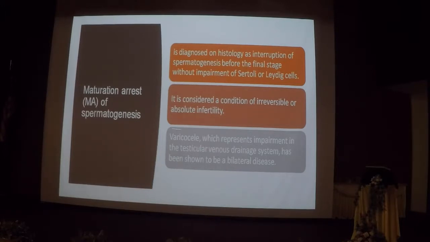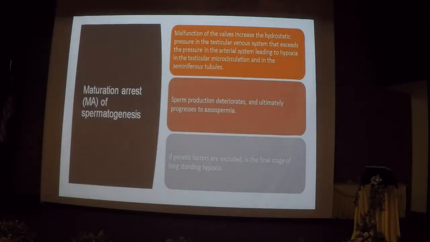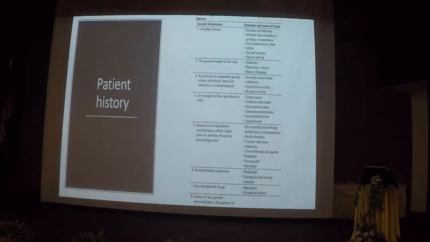It is irreversible and causes severe or absolute infertility. This kind of patient will come to you with a sperm result of azoospermia. The volume may be normal, 1.5 ml or above, but you look under the microscope, there are no tadpoles swimming around. Sperm production deteriorates, and ultimately the patient has azoospermia.